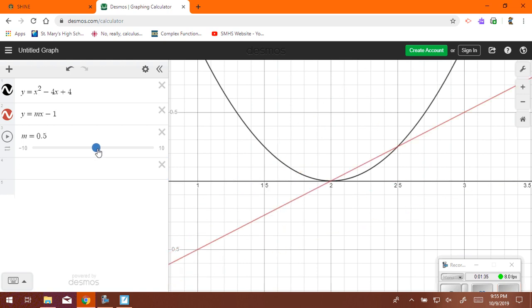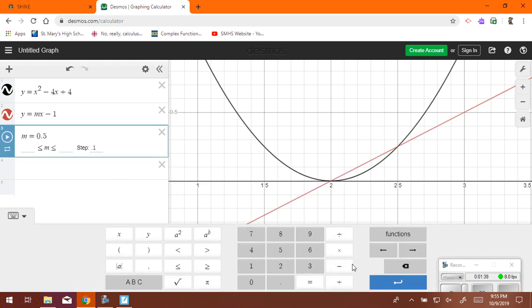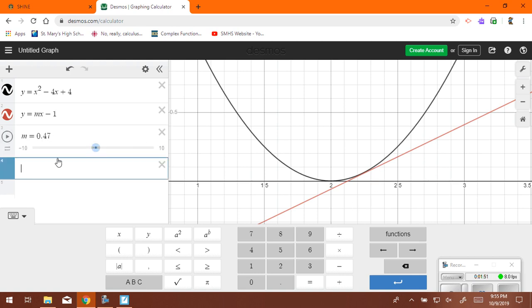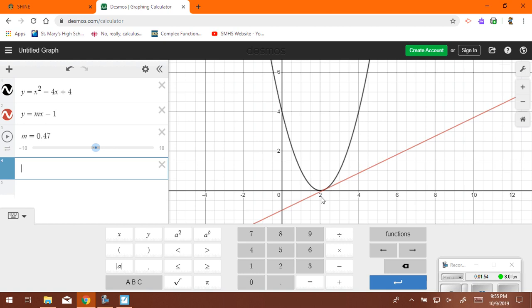Right, I can get them really close together. It's still not letting me do it. But yeah, if I do something like 0.45, okay, something like that, right? It could just tap the parabola, and intersect it only once, okay? So yeah, you could hit it.